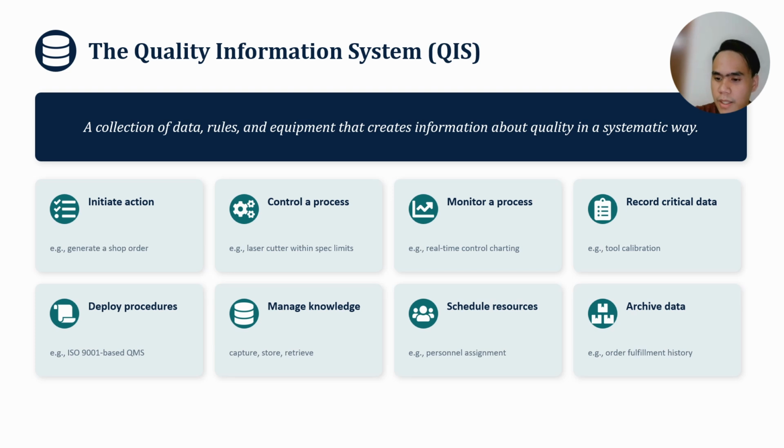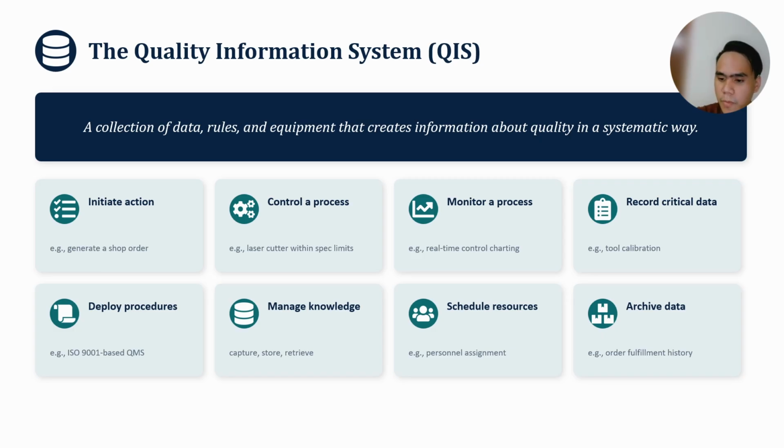So it can initiate action, for example, generating a shop order automatically from a customer order. It can control a process directly, like keeping a laser cutting machine operating within specification limits. It can monitor a process, like a real-time production machine interfacing with control charting. It can record critical data like measurement tool calibration records.